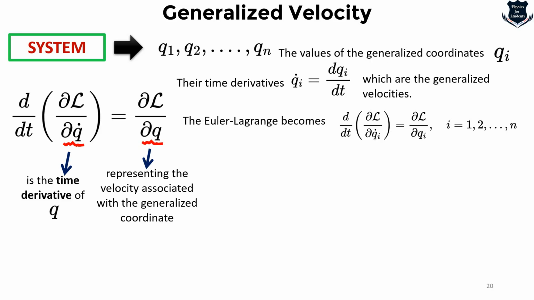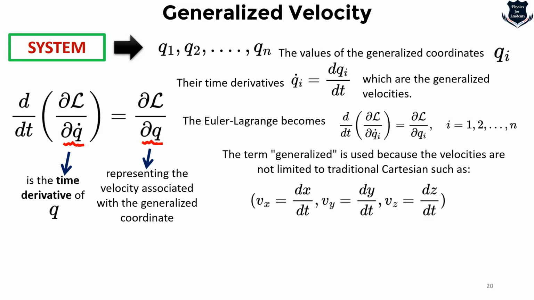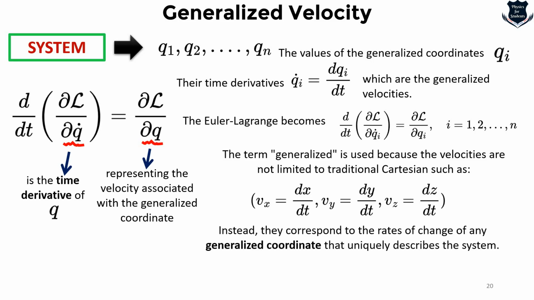So here the Euler-Lagrange equation becomes this one, which we have seen earlier, and the term is used because we want to differentiate from the Cartesian coordinates as defined in the system, and instead they correspond to the rate of change of any generalized coordinate that uniquely describes the system. Earlier it meant any generalized coordinate system which is from the Cartesian. Here it is generalized velocity, which is again a time derivative of the generalized coordinate.